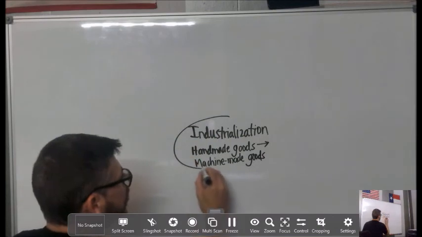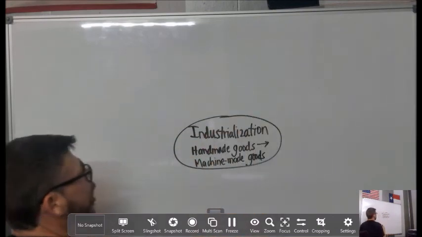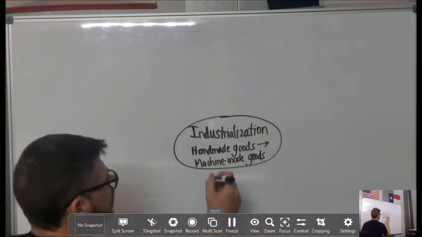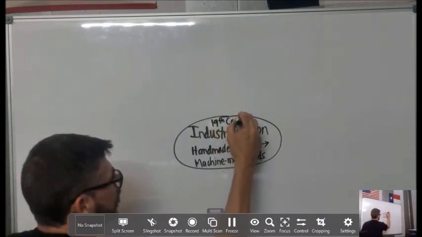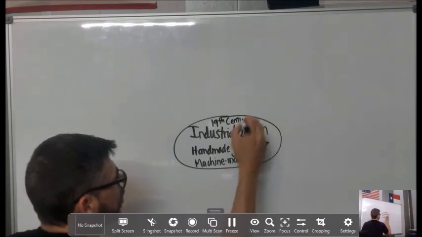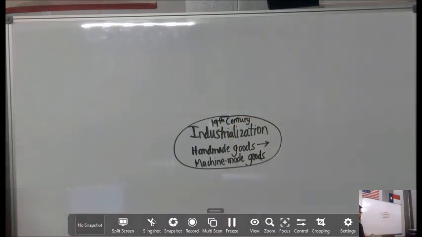Okay, that's going to go in the middle. All right, and we're going to be primarily focusing in on the 19th century. Okay, and of course the 19th century is the 1800s.